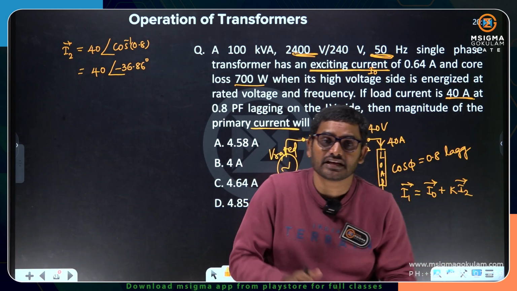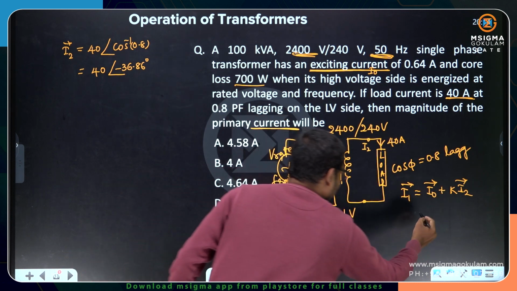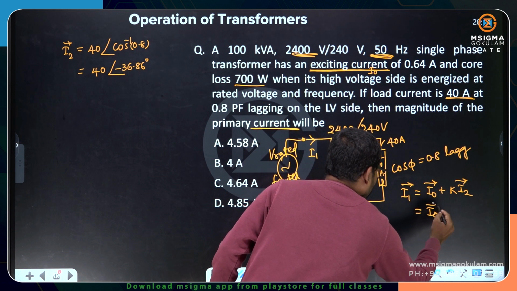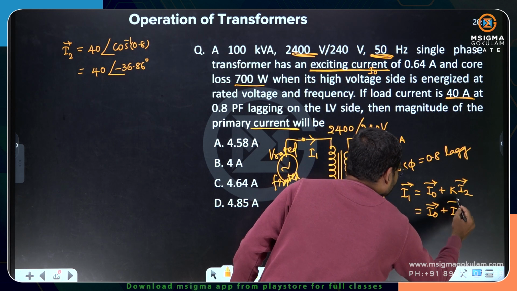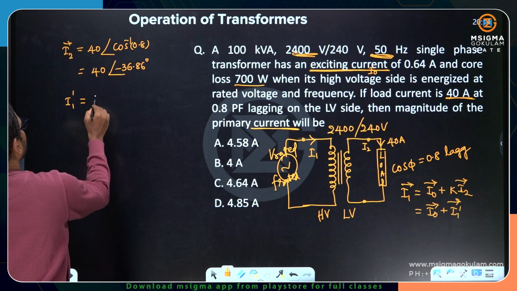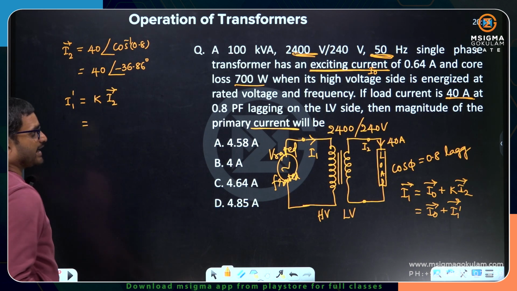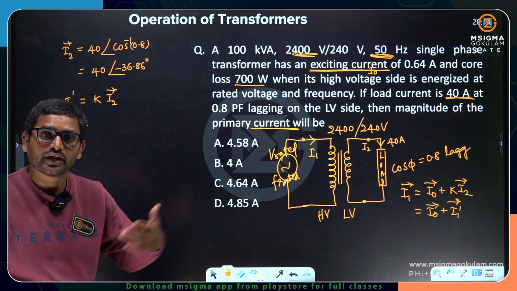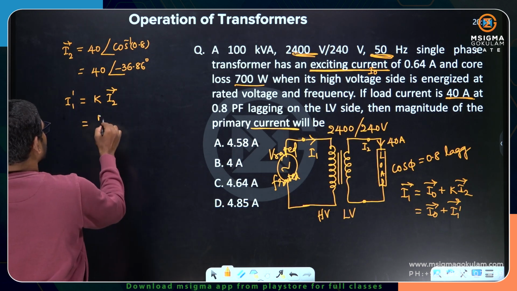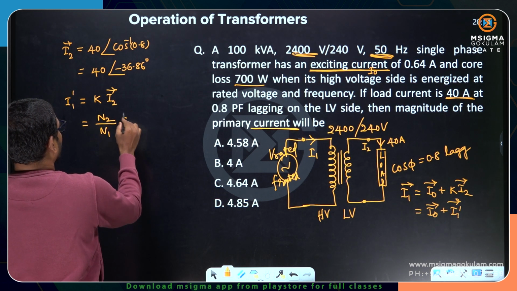I want K times I2. So this is nothing but I0 plus I1 dash. Now I1 dash can be taken as K times I2. What is K? K is the transformation ratio, N2 by N1, or E2 by E1, into I2.